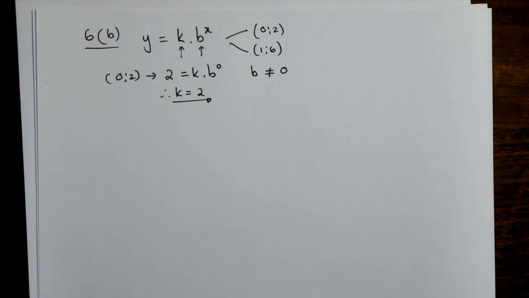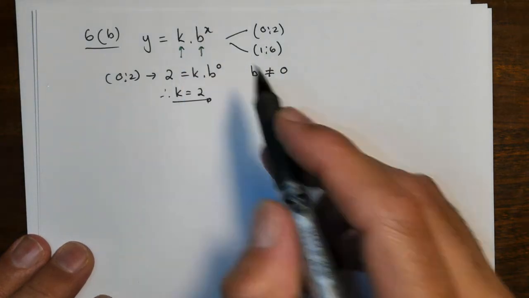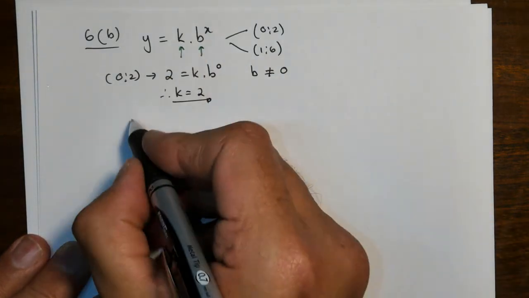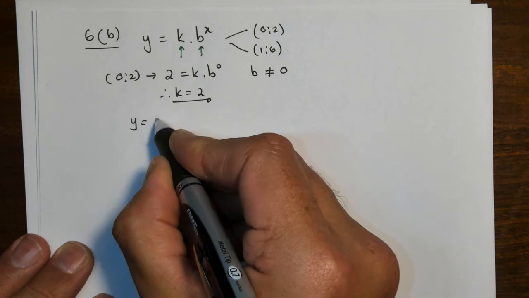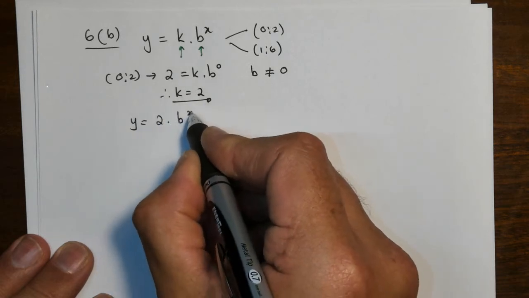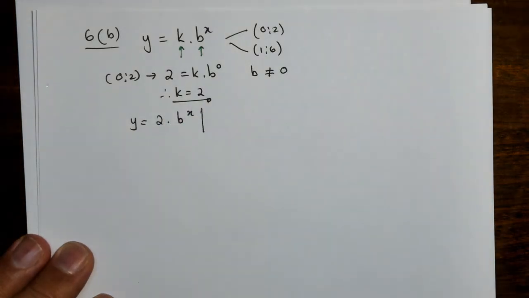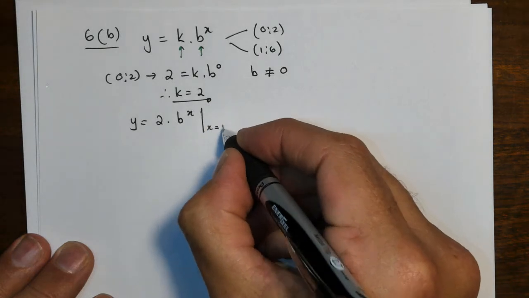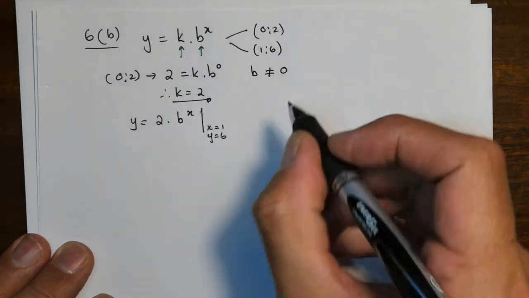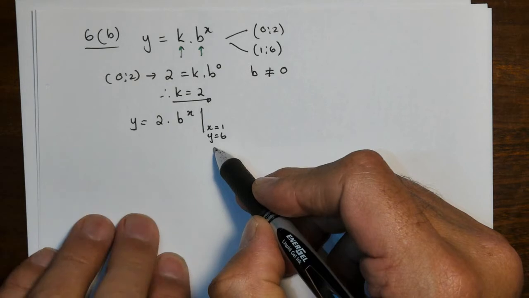Then for another, remember this is for 4 marks, we need to find the value of b. Okay, so we're going to plug k in. So y is equal to 2 times b to the x, and in here we're going to let x equal 1 and y equal 6 because we're going to substitute the point.